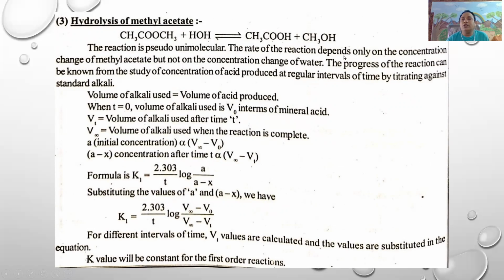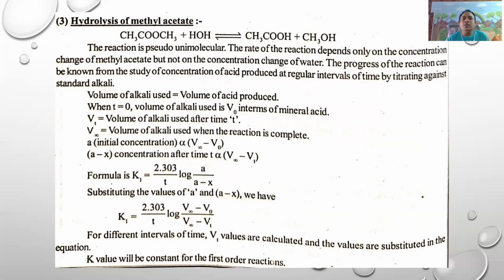The rate of the reaction depends only on the concentration change of methyl acetate, but not on the concentration change of water molecule. The progress of the reaction can be known from the study of concentration of acid produced at regular time intervals by titrating against standard alkali solution.